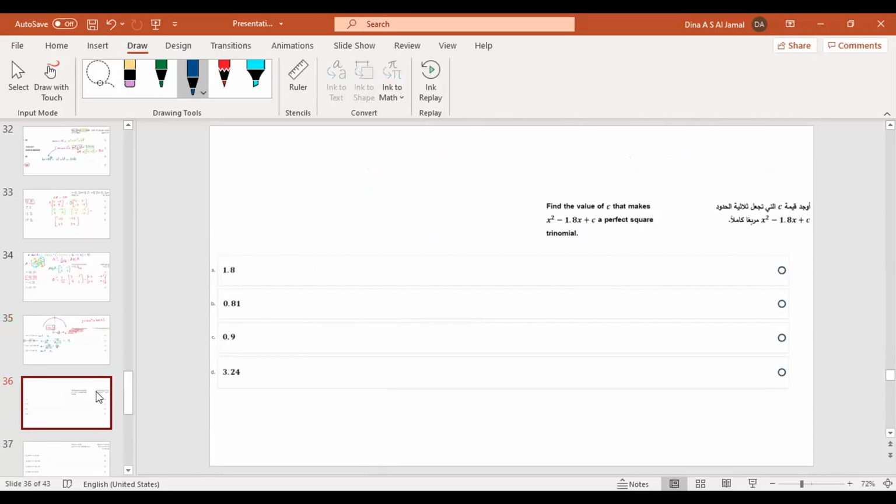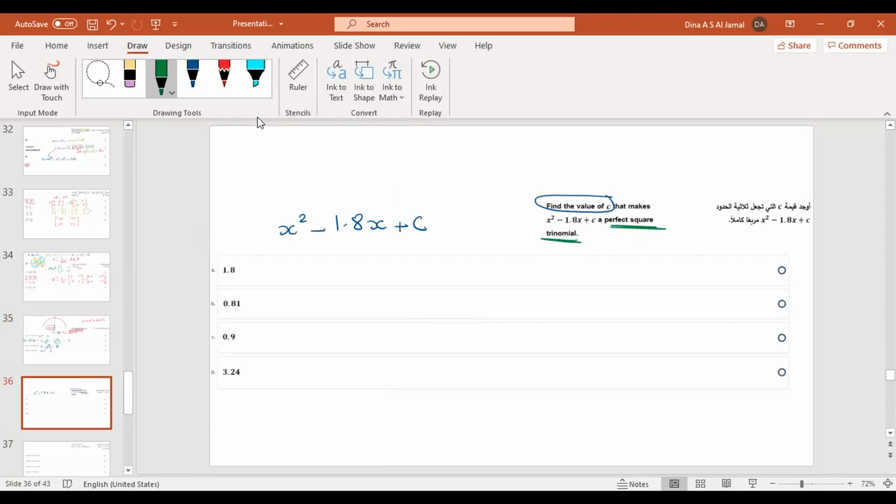Now, he would like you to find the value of C that will make this trinomial, let me just make it clear for everyone, this trinomial a perfect square trinomial.